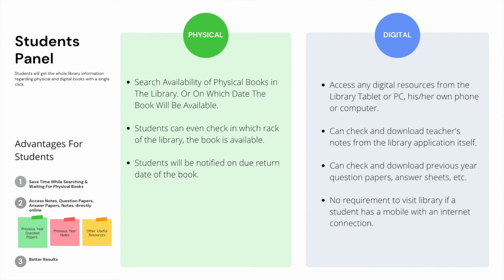But if we name the racks of the library by giving them numbers like 1, 2, 3, 4, or some alphanumeric characters as well, then if a student searches for any book, the rack number will also be displayed on the screen, and the student can easily find where the book is kept. The third important function: the students will be notified on the due date of returning the book.